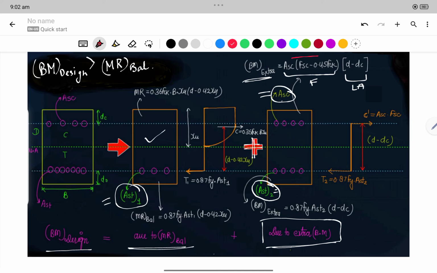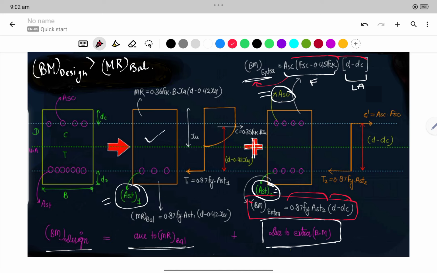We will bring this part and this part to the bottom. Same here also, bending moment extra is equal to the force 0.87 Fy AST2 and the lever arm D minus DC.